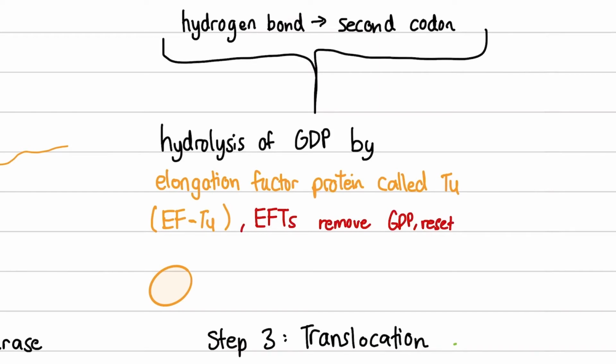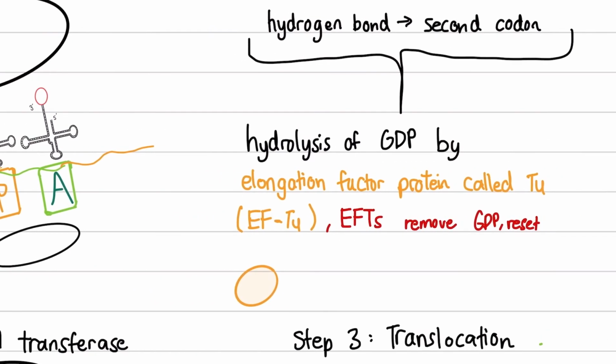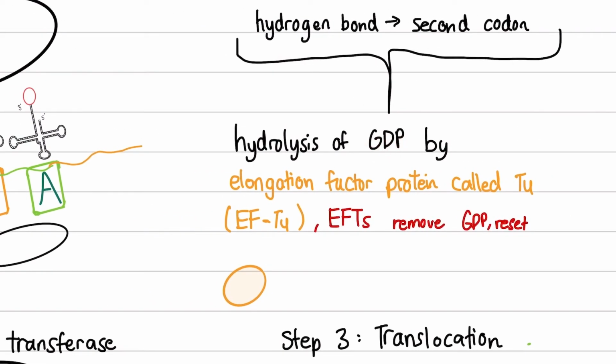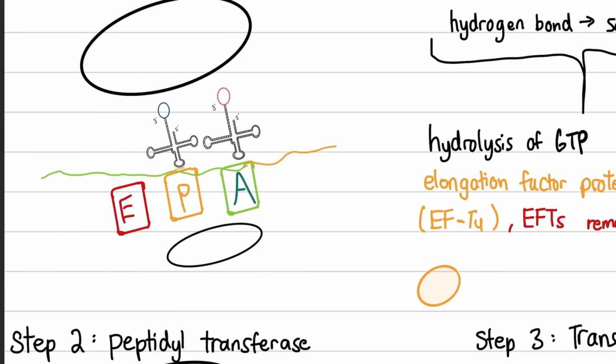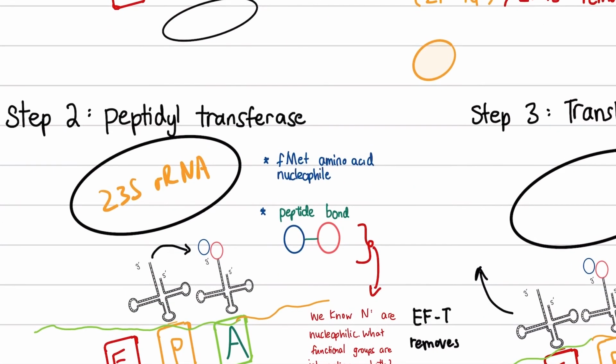And once this happens, we have the GDP sitting on the EF-Tu factor, and this has to be reset, because if this EF-Tu factor has to hydrolyze another GTP, then it needs to be reset, and that's reset by the EF-Ts, which allows the removal of the GDP. And I'm trying to say GTP here, not GDP. I just want to fix that.